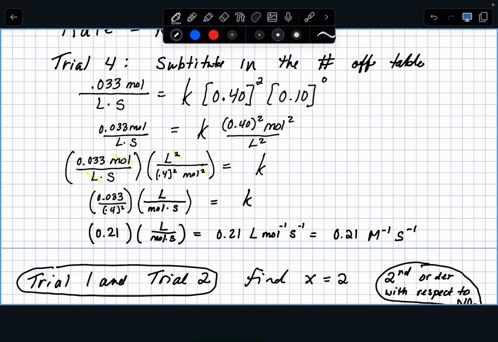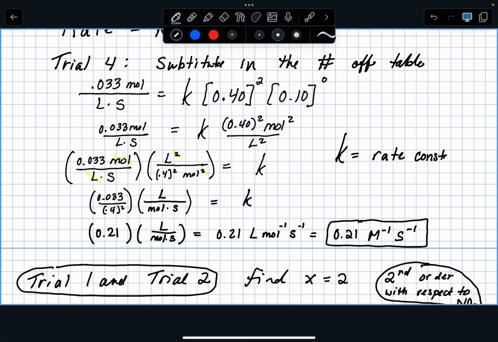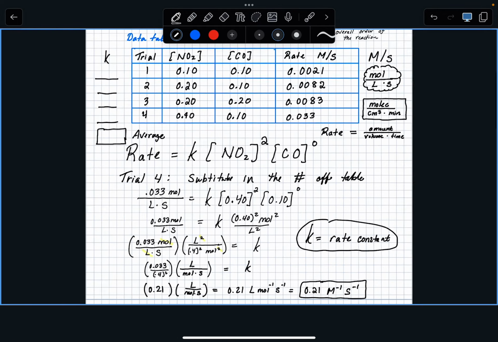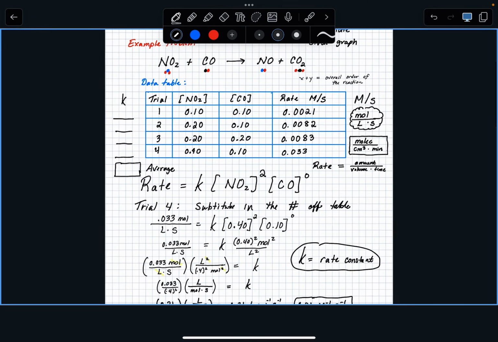So you might see that as a unit also. And then that is what our K value is. And that is our rate constant for this reaction, this one reaction, at this one temperature. And so you've solved for what's called the rate constant. But again, it's unique for the nitrogen dioxide reacting with carbon monoxide.